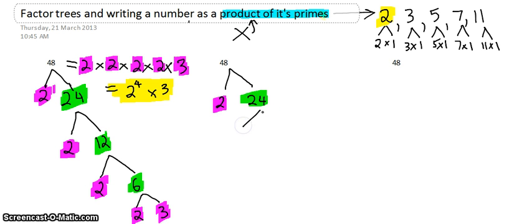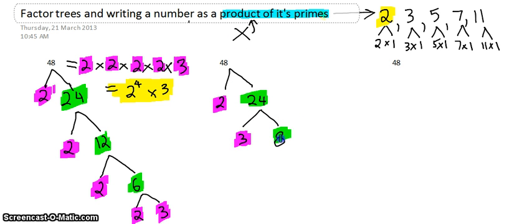So then I might go 24, and instead of taking a 2 out, I might go, well, 3 times 8 is 24. And we know that 3 is a prime number, so I can't factorize that further.